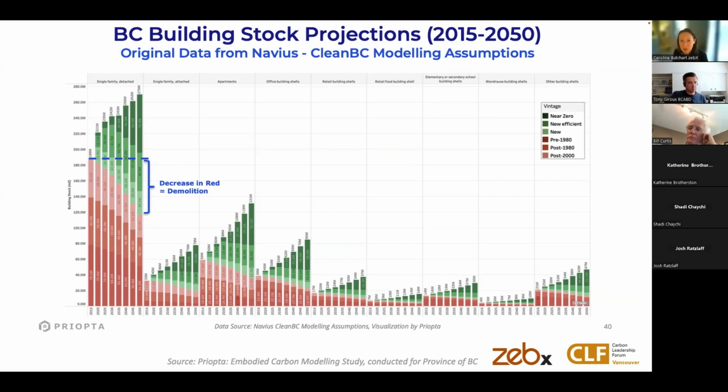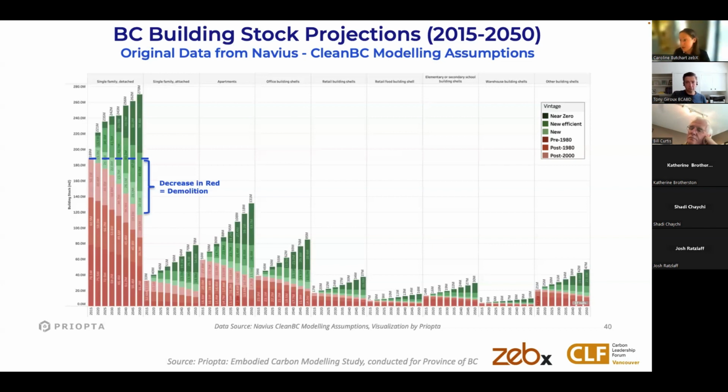Then the next group over is attached single family homes, and then we've got apartments, office buildings. So we're looking at how much we're building and how much of the building stock we already have in different types. And single family detached homes are by far the biggest component of the building stock here in BC.